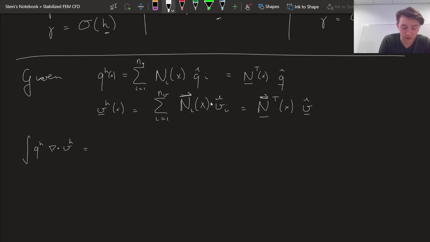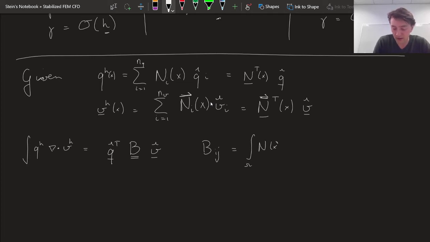This is going to be equal to q hat transpose, so this vector of coefficients here on the right, multiplied by a matrix B times v hat, where B_ij is defined as the integral of our N^q_i times div of N^v_j.